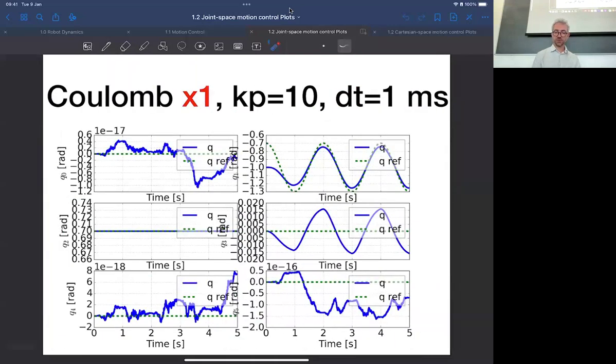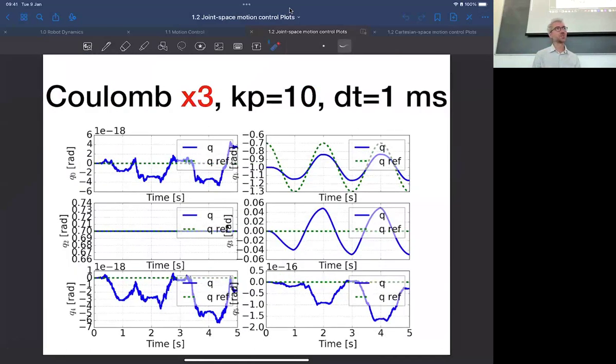Now, if I introduce Coulomb friction, we can already see that tracking is not that perfect anymore. We have a bit of error. It's not huge, still better than what we had with the PD plus gravity, but we have some error.